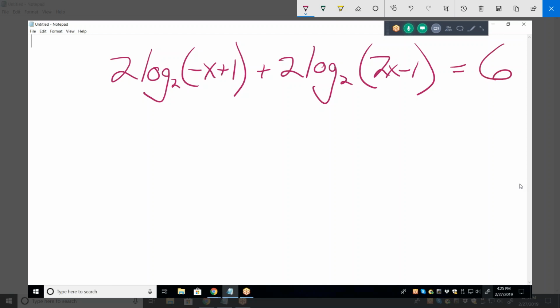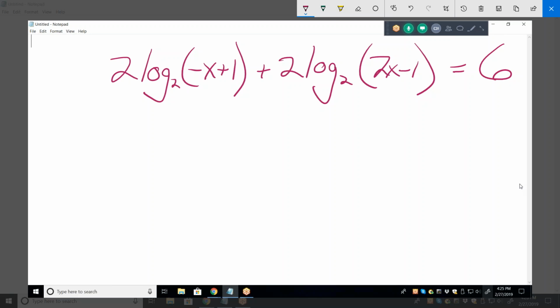Now, what we're going to do is compress the left side into a single log expression. Well, they don't cancel, right? No, they don't. But then what we're going to do is turn it into an exponential expression and you'll be able to solve it. And that's always the way you do these.